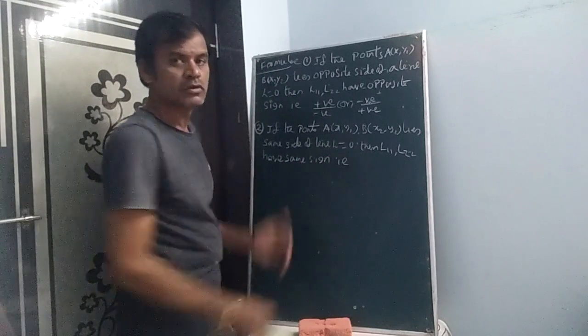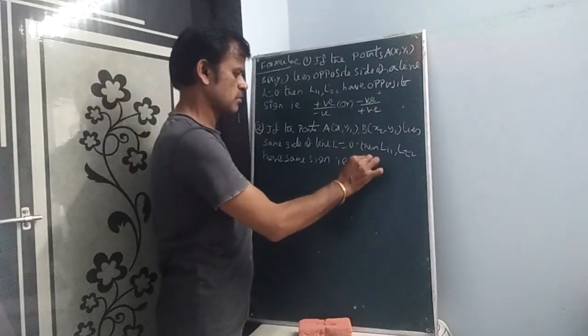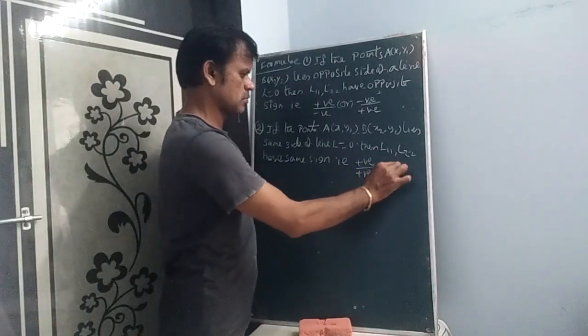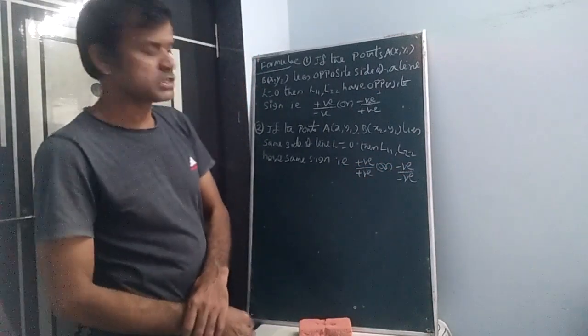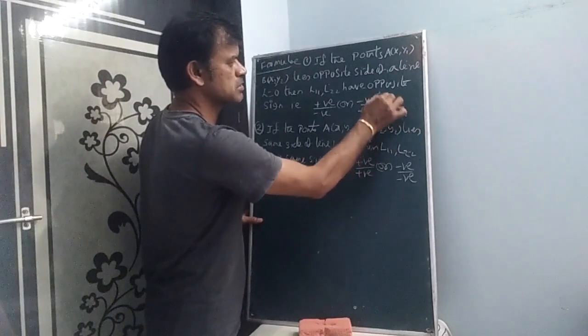That is positive by positive or negative by negative. Draw a diagram like this. This diagram is like this.